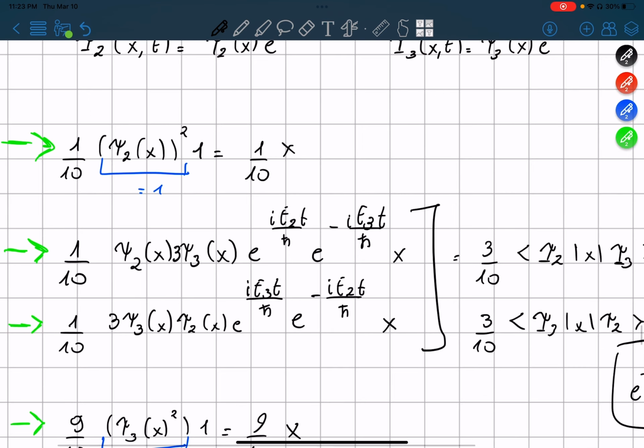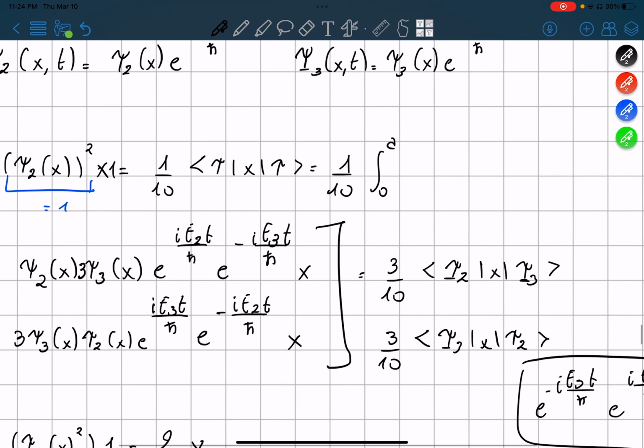So this one is equal to 1/10, because here we have an x that I forgot to write, and the one, of course, from the e. So it's equal to this part here, x e. So 1/10 over the interval from 0 to a of our function psi squared x dx.